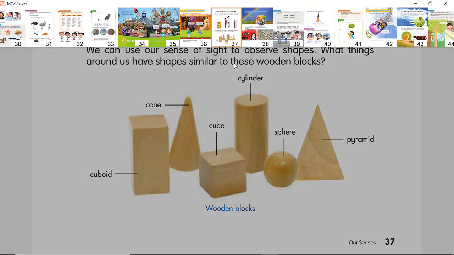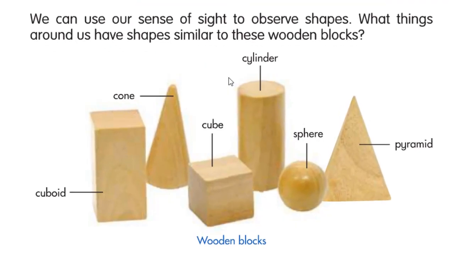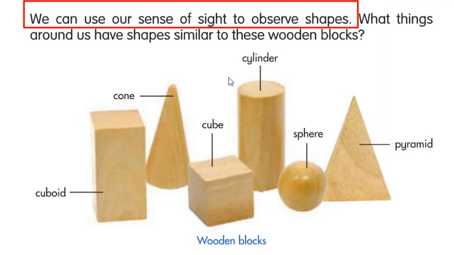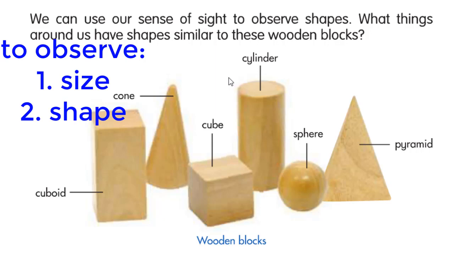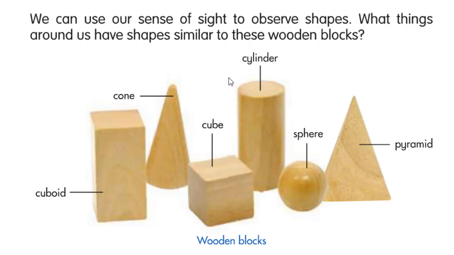Now we move to the next picture. In here we can use our sense of sight to observe shapes. Yang pertama kita pakai tadi untuk observe size. Oke, untuk melihat ukuran nih. Mengamati ukuran. Yang kedua, observe shapes. Mengamati bentuk. There are 1, 2, 3, 4, 5, 6 shapes that we have learned on math lesson. Ada 6 bentuk yang sudah kita pelajari di pelajaran matematika ya. The first is cuboid.